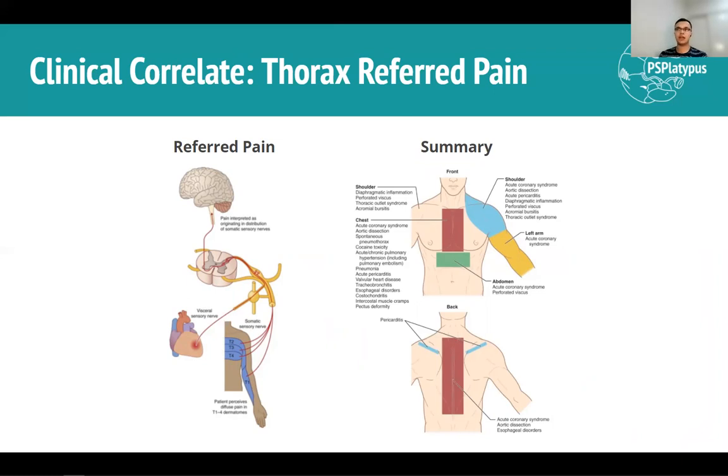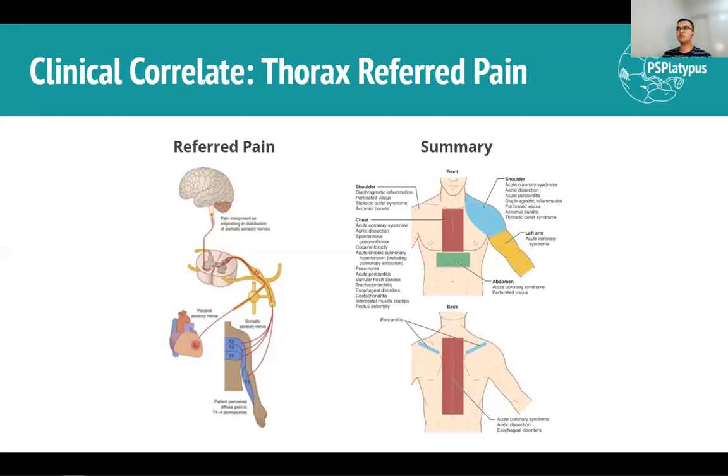But if you have damage to your heart, the pain signals or the sensory signals from that are traveling up into your spinal cord. But rather than being interpreted as coming from there, it actually is interpreted as coming from the overlying skin of the T2, 3, 4 regions and T1 regions. And so you can see that here, where heart pain presents as diffuse pain over those dermatomes. Again, it would have been covered in the past, but we're just revising that very briefly.